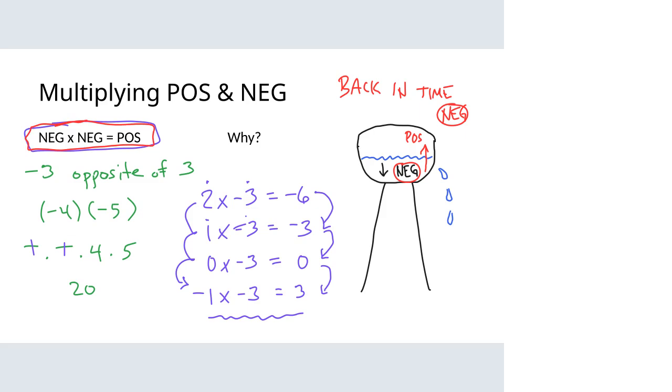So either using the opposite concept or using this pattern or using this, and you could come up with something that you might like better than this, but the idea is the water level going down, that's negative. We go back in time, now that negative and back in time negative together make the water level go up, and that's a positive. Any of those that you can use or something similar to help kids make sense of it is a great way to go.